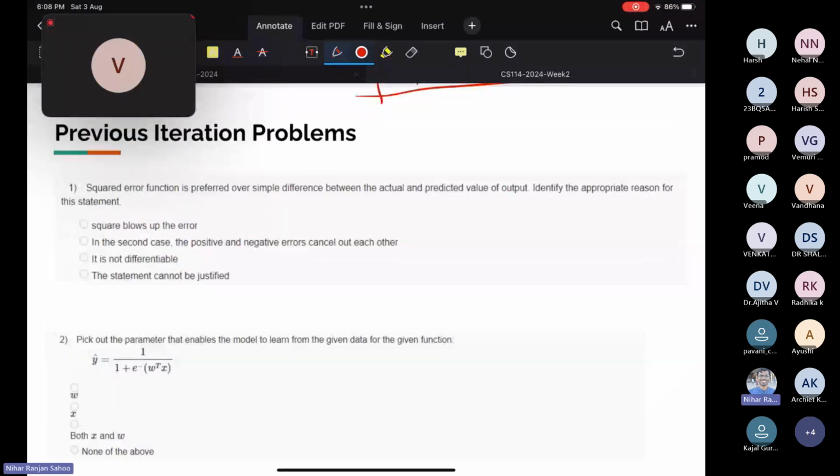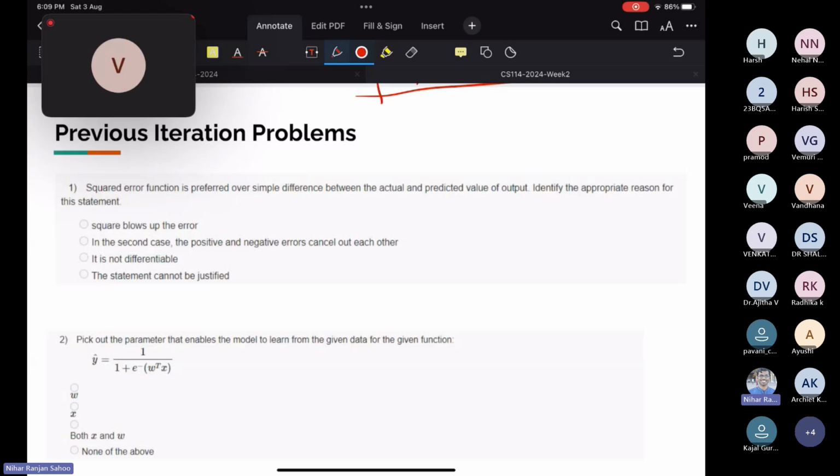Let's read every problem in detail first, then we'll see the options. The first question says, squared error function is preferred over simple difference between actual and predicted value.